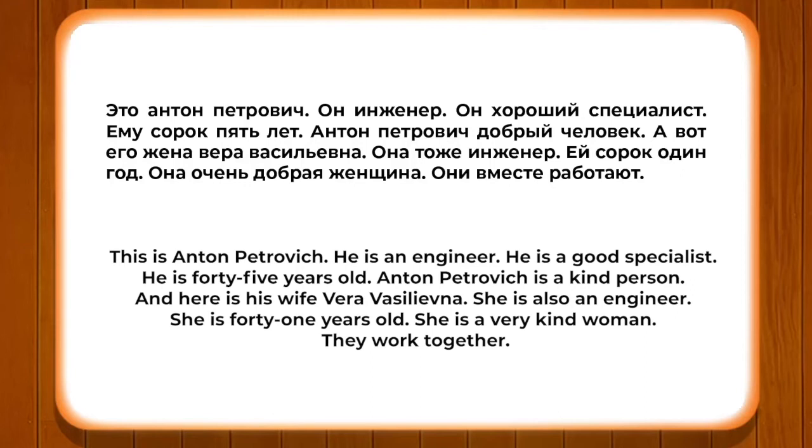So please keep that in your mind whenever we are using the numbers, especially referring to age. And we shall also be discussing the particular case where we use this kind of construction. So ей 41 год. She is 41 years old.